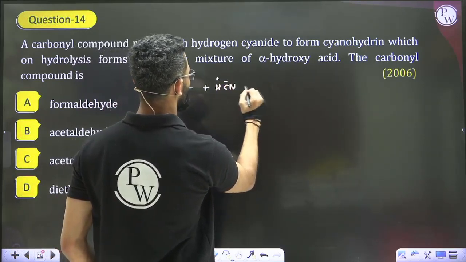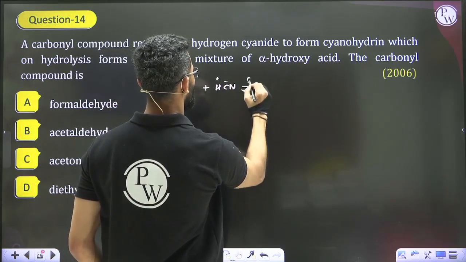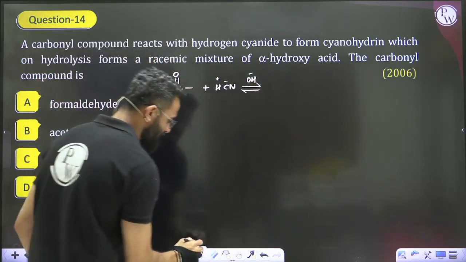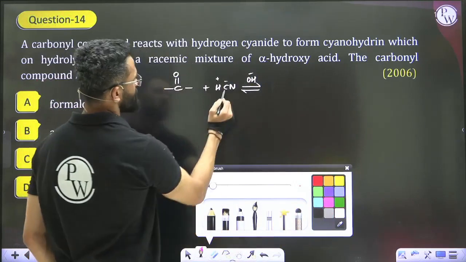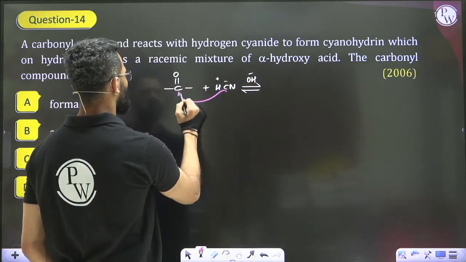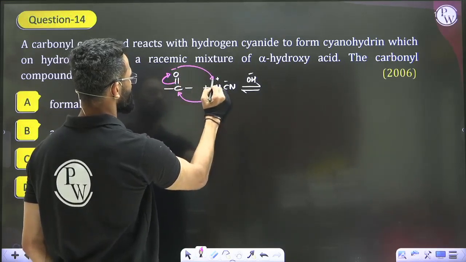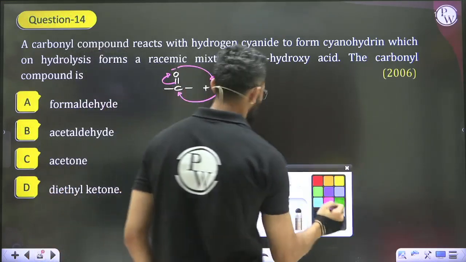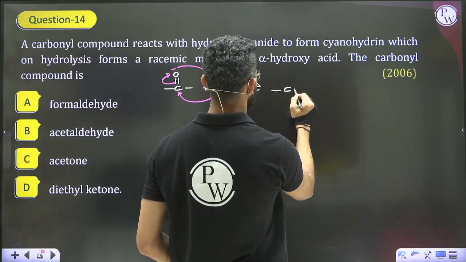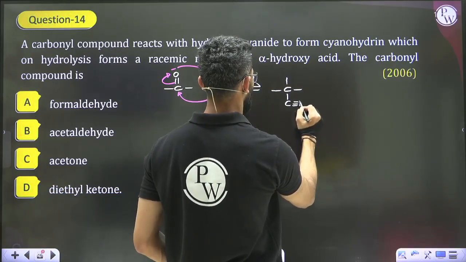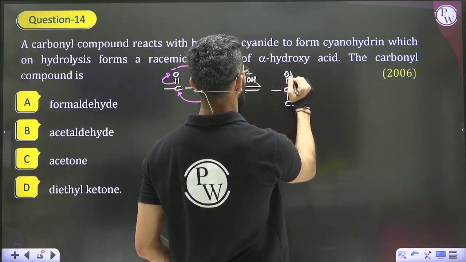This reaction we generally carry out in the presence of alkaline medium. For understanding purposes, we are not writing the detailed mechanism, but let's assume cyanide being the nucleophile attacks the deficient carbon, this bond breaks over O, making it O minus, which accepts H plus. So if I write the product directly, we get CN at this carbon, and here we've got OH.